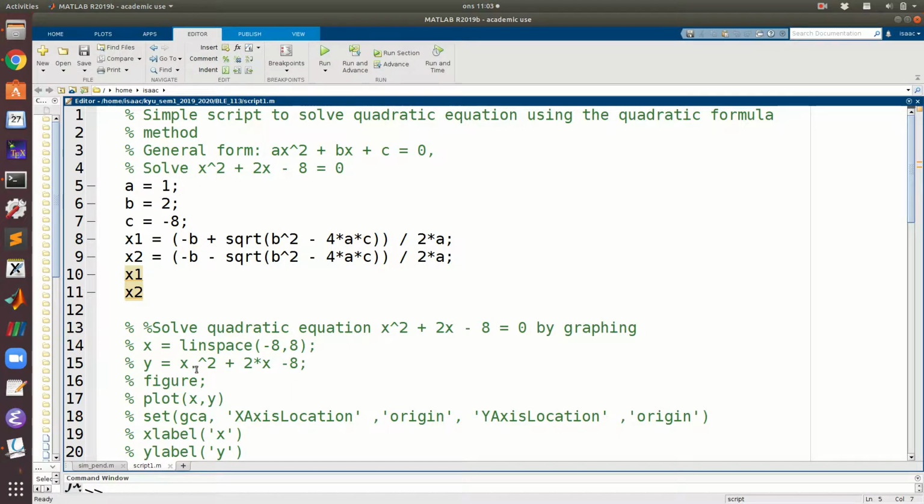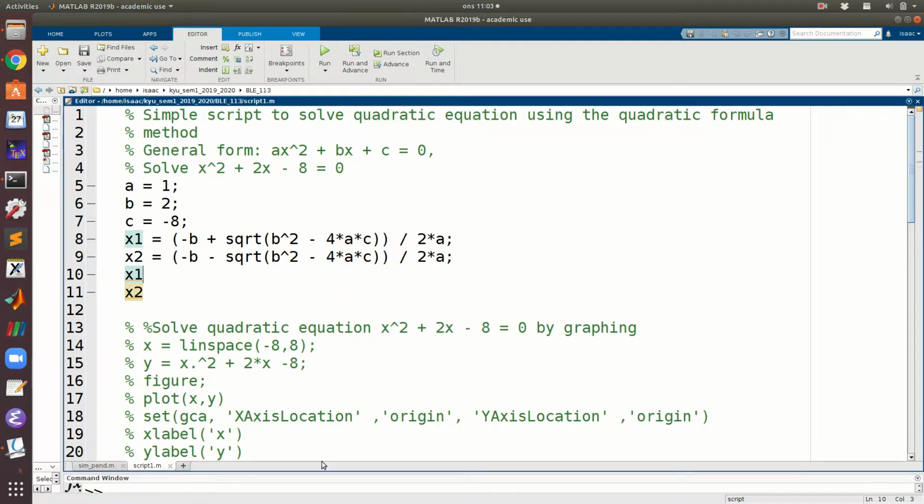I don't want the screen to write a as 1 and b as 2 and so on. It will compute x1, which we declare to be one value, and x2 to be the other value, minus b minus the square root of b squared minus 4ac over 2a. Let's run this and see what we get.